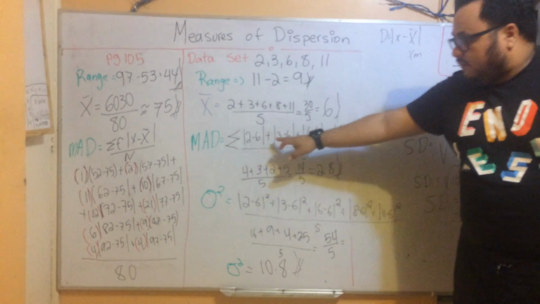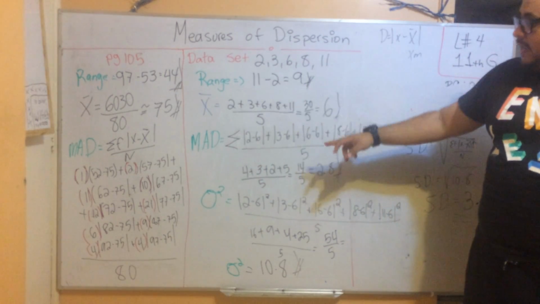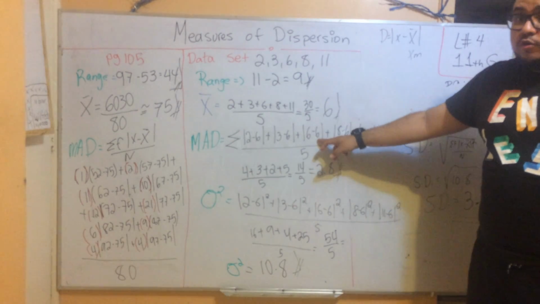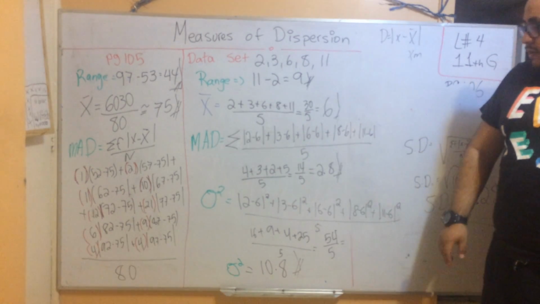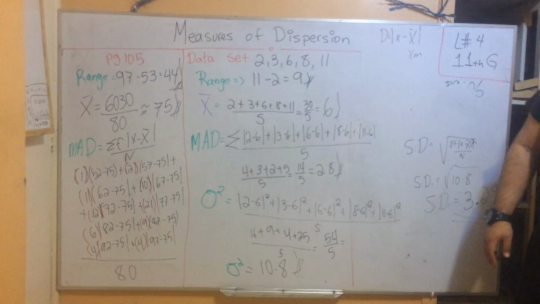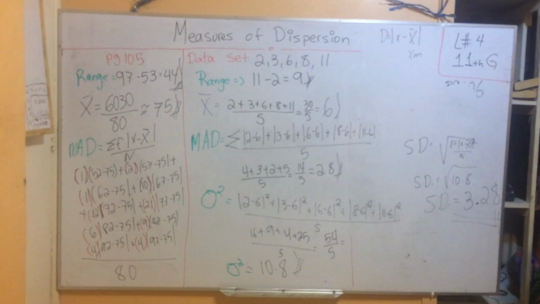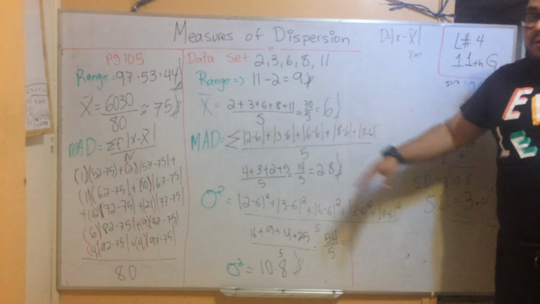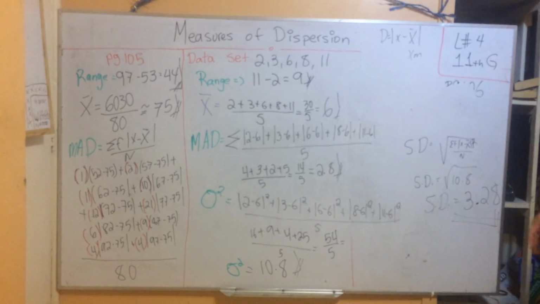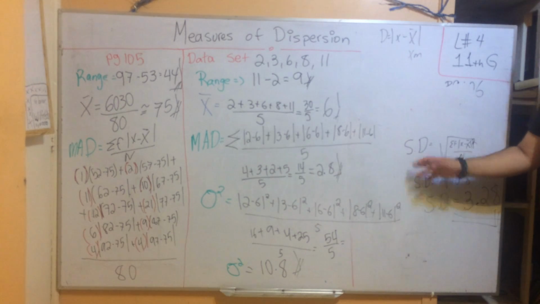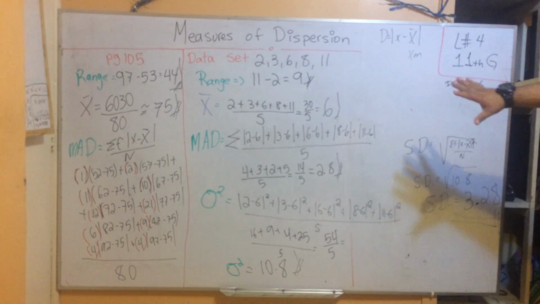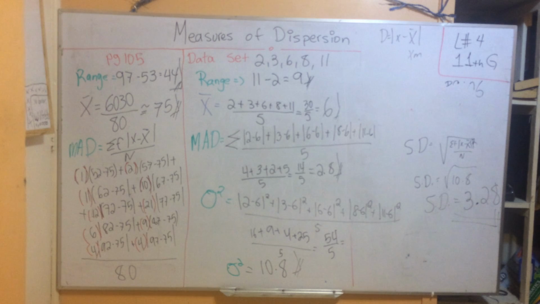Then we add the data, not the frequencies, and we measure it from the mean, then we get this number. Then we do the variance, which is just taking the same thing here but putting it to the second power. And when we do the standard deviation, it's the square root of the variance.